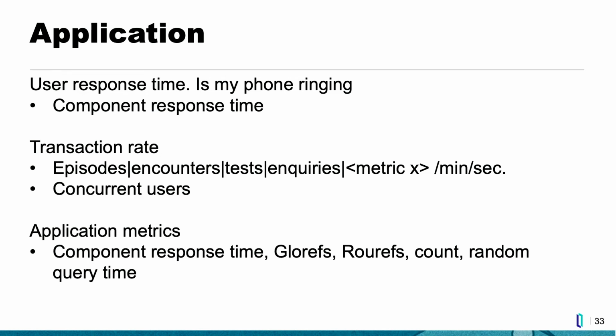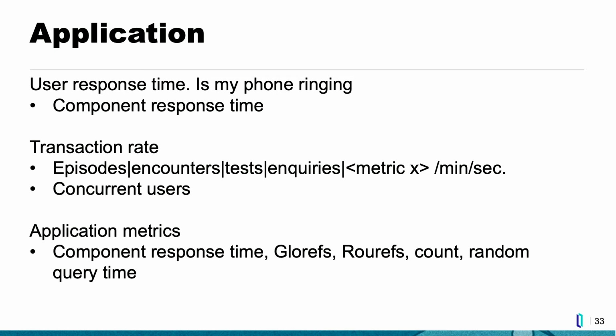For a health system, it might be looking at the component response time. By that I mean TrakCare is a web-based EHR system, and so the screen is made up of components. That's how TrakCare is built. So a component might be a list, or an entry screen, or a chart, or something like that.